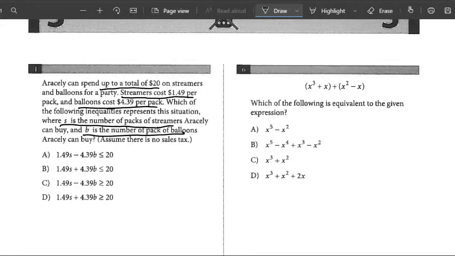So let's see. 1.49S plus 4.39B, because if each streamer pack costs 1.49 and there are S packs, the total cost is 1.49S, and if each balloon pack costs 4.39 and there are B packs, the total cost would be 4.39B. Can spend up to a total of $20. It cannot exceed 20. This matches choice B, so fourth is B.